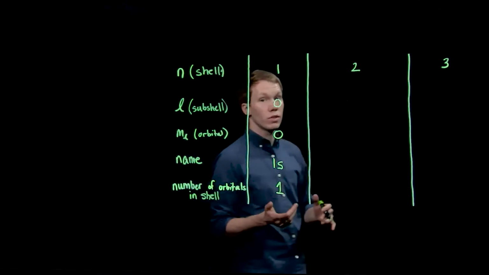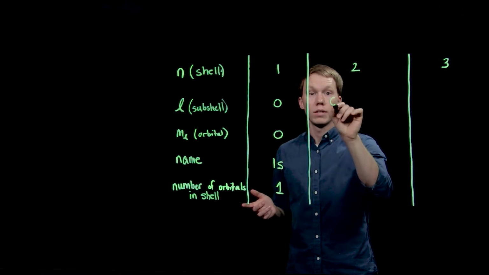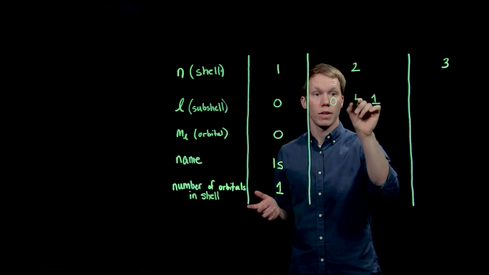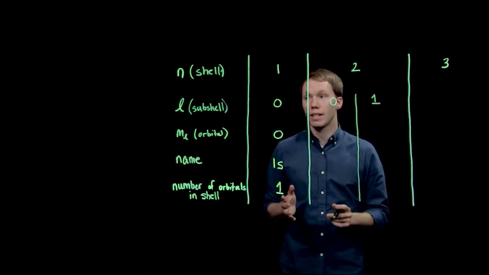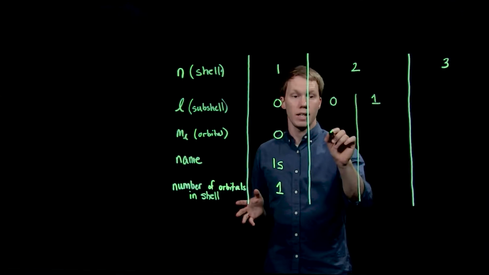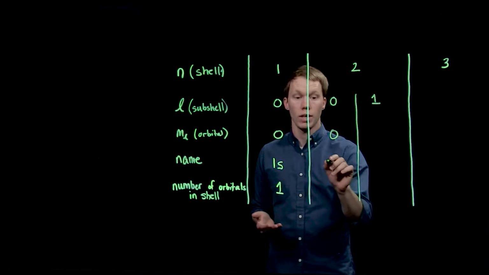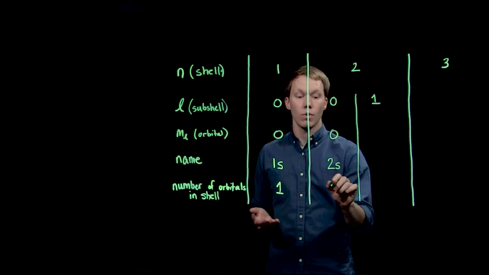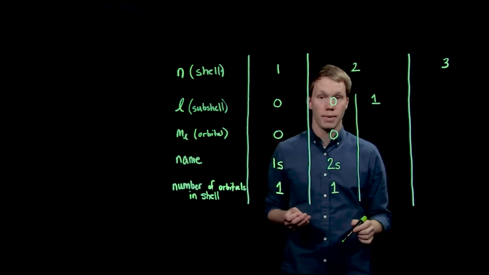Now in n equals 2, L can equal 0 or 1. So let me put another line in my table here. When L equals 0, m sub L equals 0. So that is my s orbital. We call this the 2s orbital, and there is one of those type.